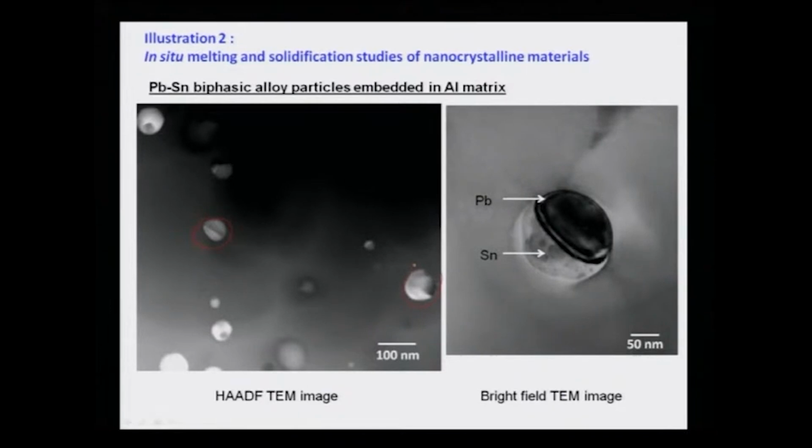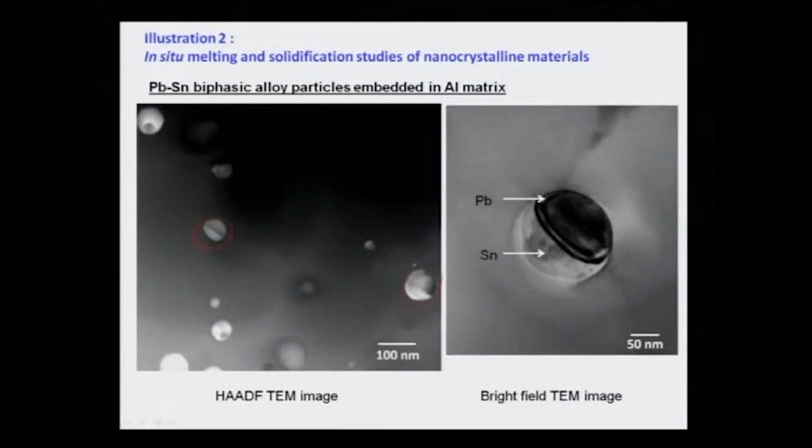One is the lead solution, the other is the tin solution. Aluminum is shown as dark. As we know, aluminum has a very low atomic number, so the contrast from aluminum will be very low. On the other hand, lead and tin have very high atomic numbers, so the contrast will be very high, but there will be distinctly different contrast variation between tin and lead, which is seen from the brightness of the different portions of the particles.